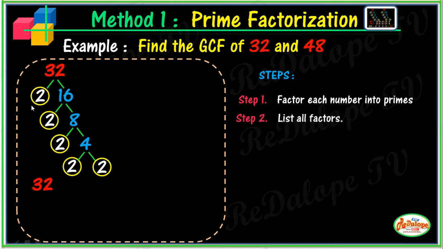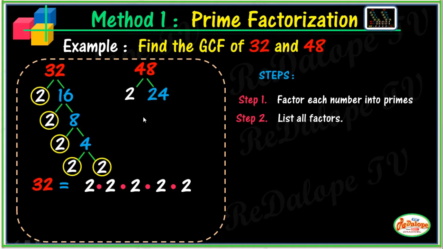So we have five 2s as prime factors. And then for the second number, we have 48. Again, 48 is an even number, so this time we divide it by 2. The resulting answer is 24. 24 is an even number, divide again by the prime number 2.